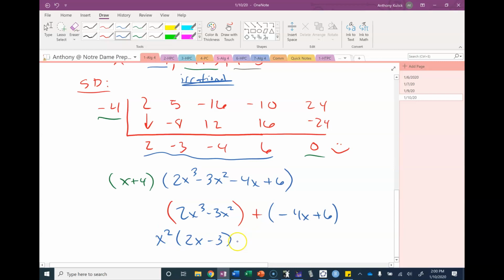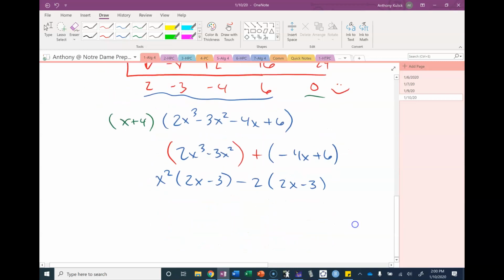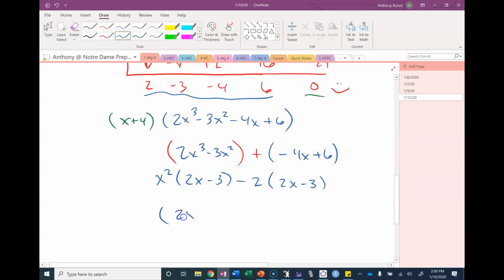And from the second group, I can take out a negative 2. I notice then each of those has a 2x minus 3 in it. So when I take that out, I'm left with an x squared minus 2. And then that x plus 4 still comes down along for the ride.